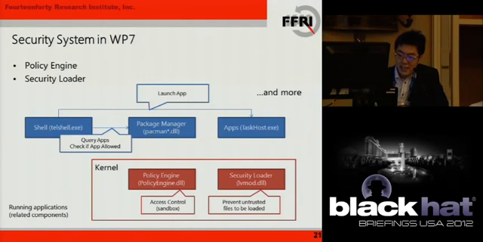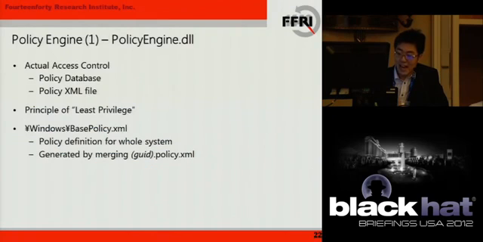Also, this engine isolates applications and denies unauthorized accesses. Actual policy data is contained in the policy database in a specific location, but we can see the policy data by viewing the policy XML file, which is located in /windows/basepolicy.xml. So let's see this file.